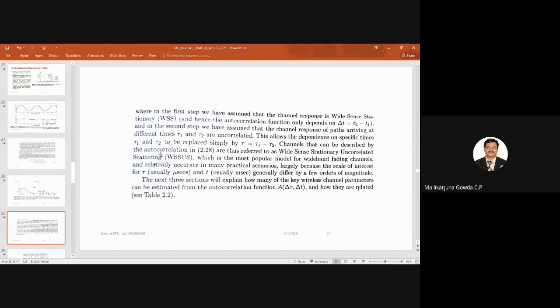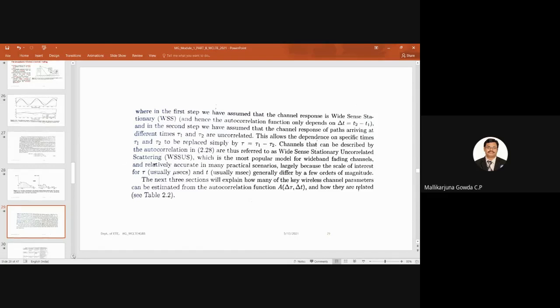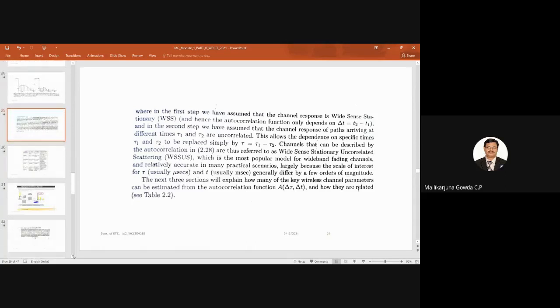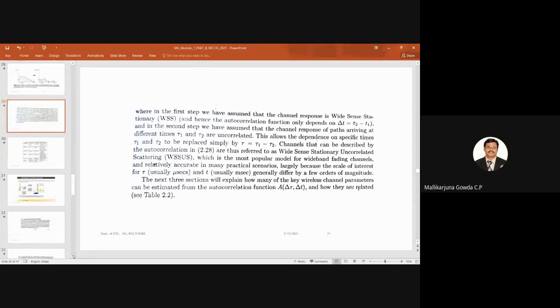Okay, fine. With this basic understanding, we see how the channel impulse response varies with time as well as with distance. I said it is different at different intervals of time.